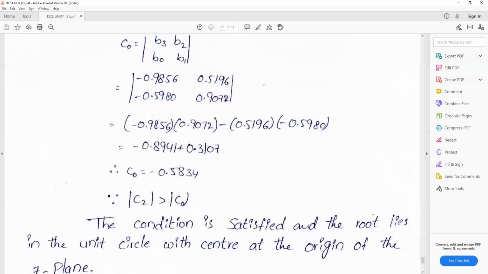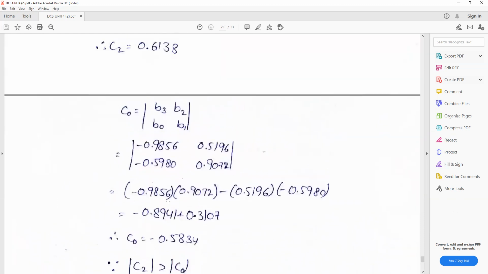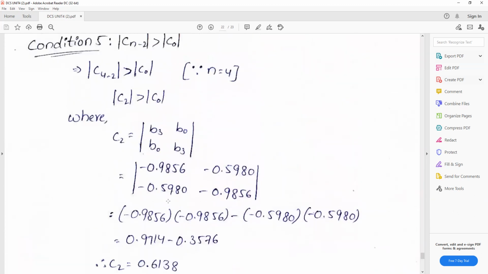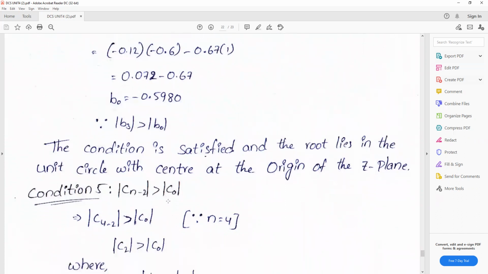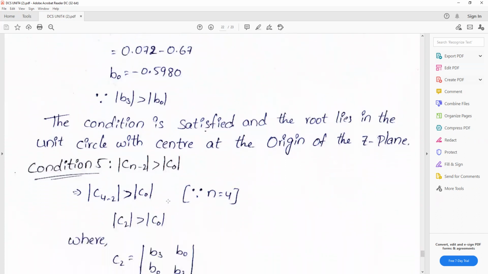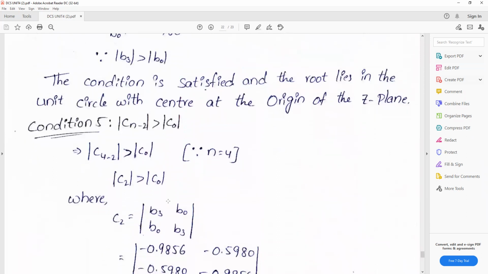So calculate the B0 value. B3 is greater than B0. The condition is satisfied and the root lies in the unit circle with the center at the origin of the z plane.